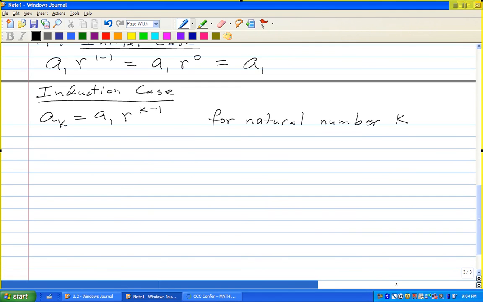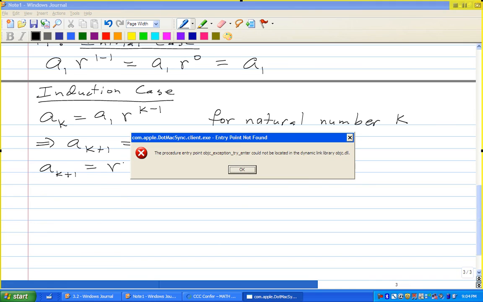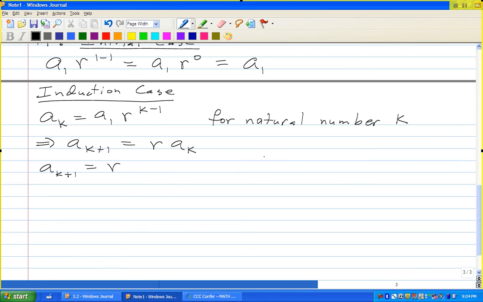Then a sub k plus 1 is equal to r times a sub k. That's by the definition of being a geometric sequence. And so a sub k plus 1 is equal to r times, well, by the assumption, a sub k is just a sub 1 r to the k minus 1.